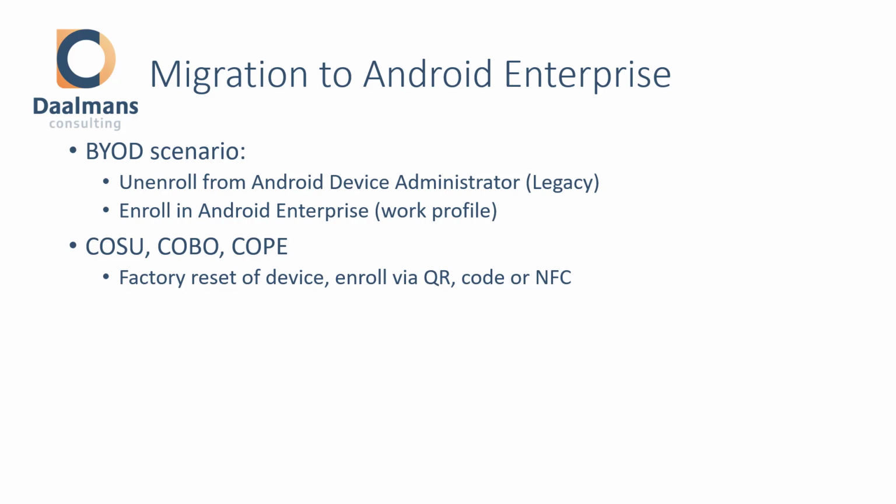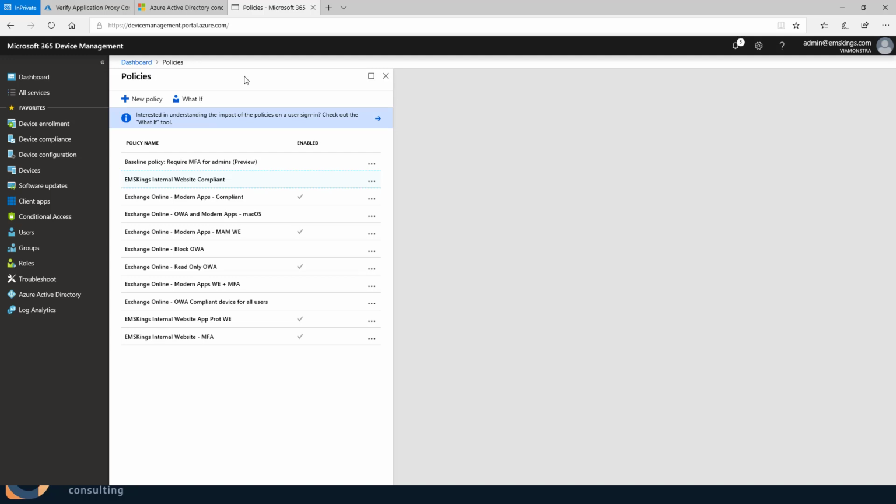For COSU, COBO, and COPE, the device needs to be reset via factory reset, and then it needs to be enrolled via QR code, token code, or NFC. So let's quickly have a look at how this looks in the console.